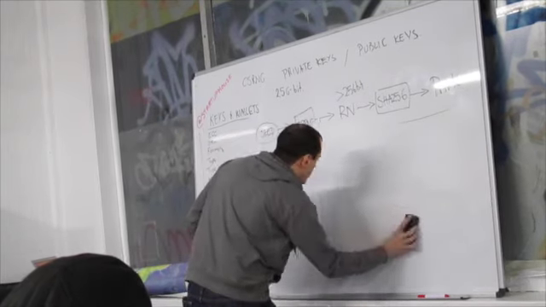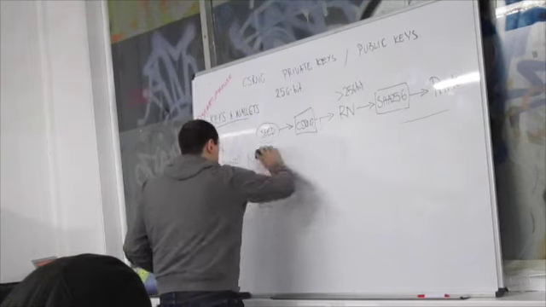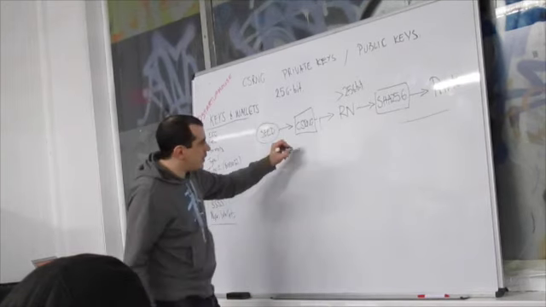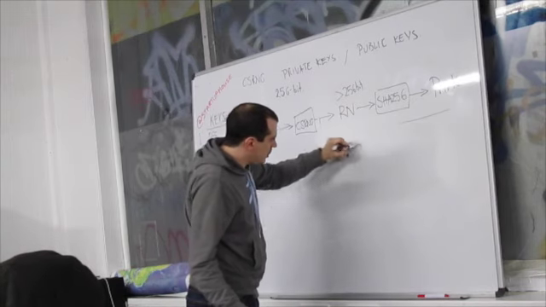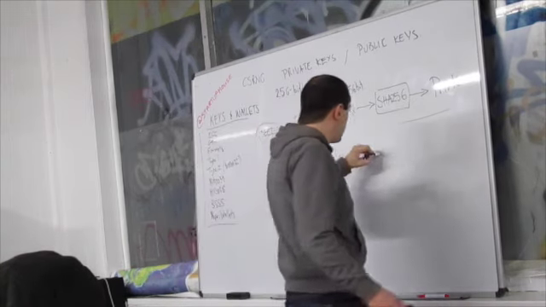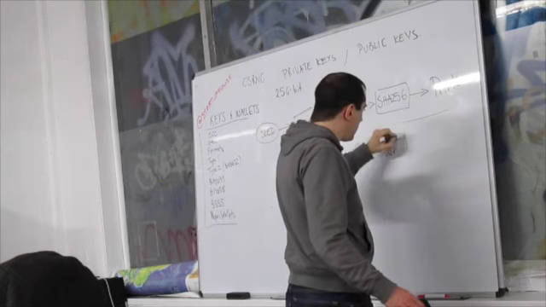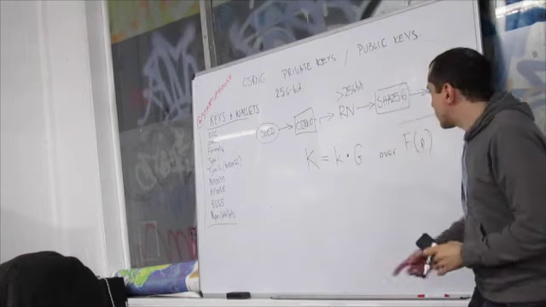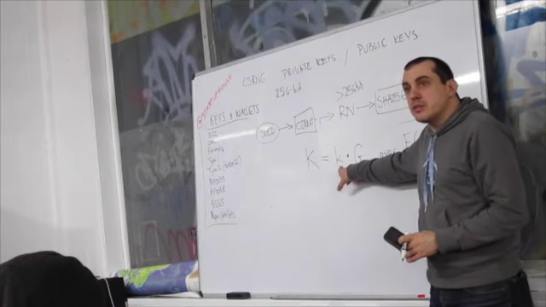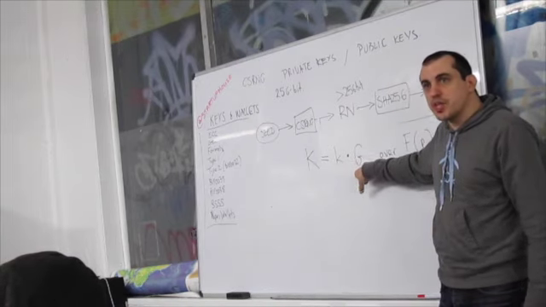But there's an easier way of writing it. The way to write it is this. So that's private key times a constant. This is called the generator point.